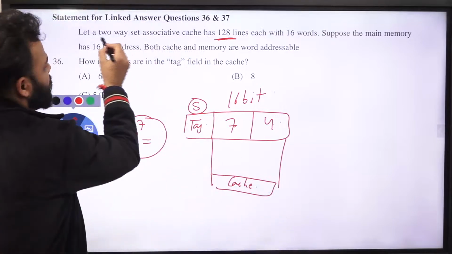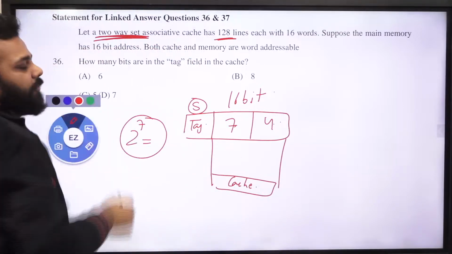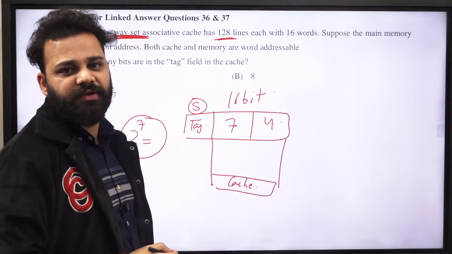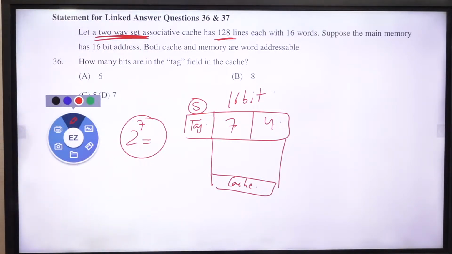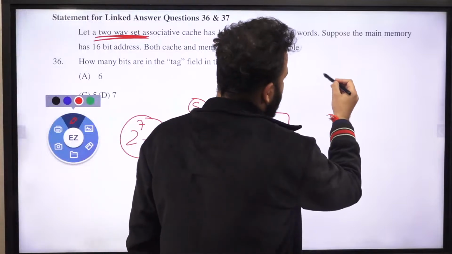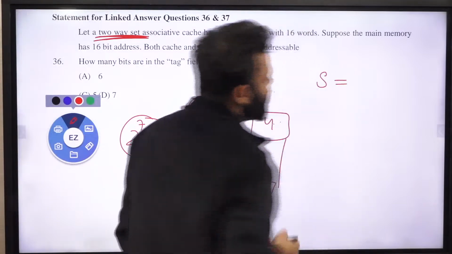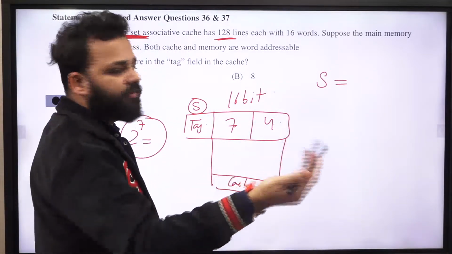It is asking for two-way set associative. So what do we do in two-way set associative? We have the set offset, or you can say the number of sets.